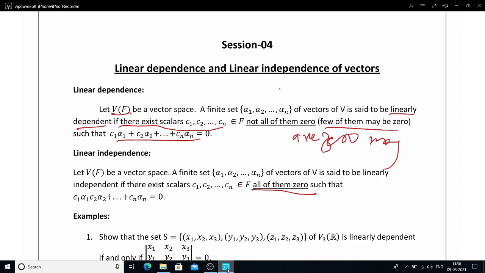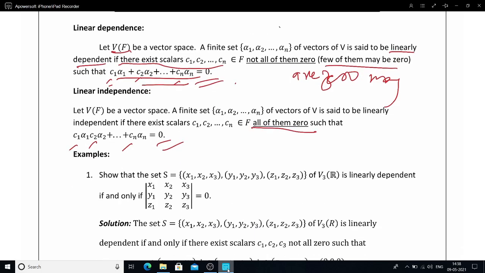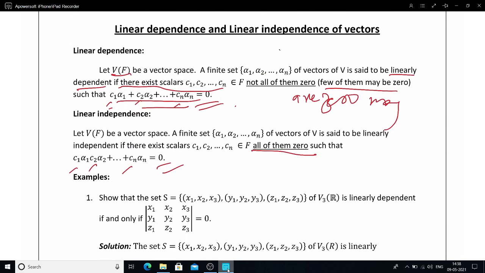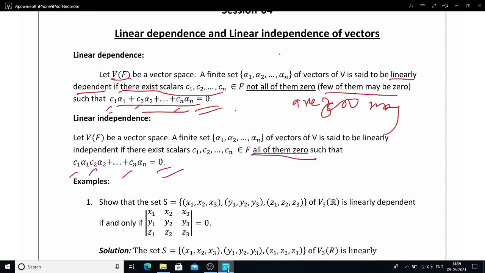Of course, the condition remains the same: linear combination equals 0. Here C1 is 0, C2 is 0, Cn is 0. Here, C1 to Cn, all the scalar values may not be 0. At least one scalar is not equal to 0. You'll understand these two definitions only when we solve the examples.